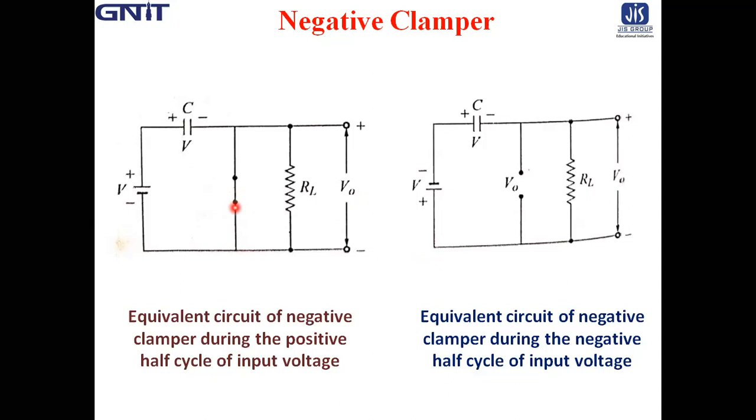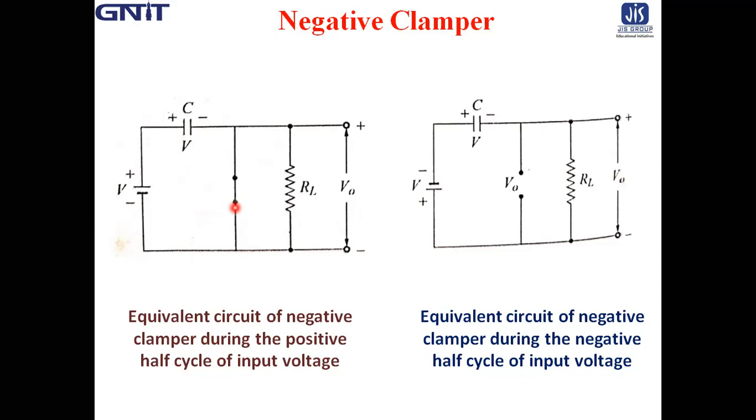Now during the conducting period of the diode, that is from 0 to T1, the output voltage across the shorted diode is 0, that is V0 equal to 0.